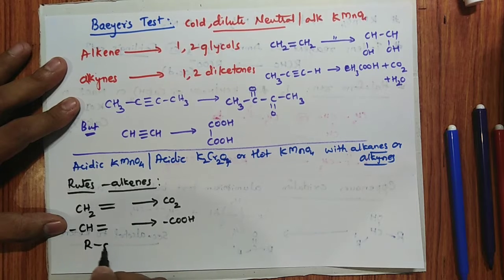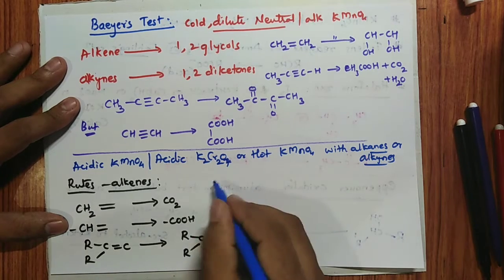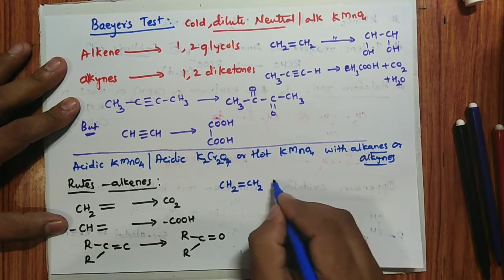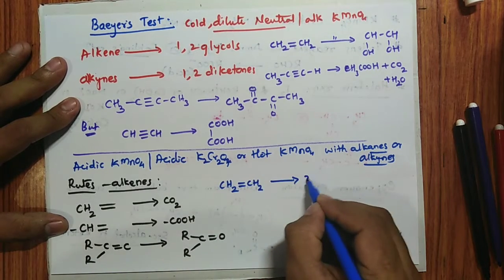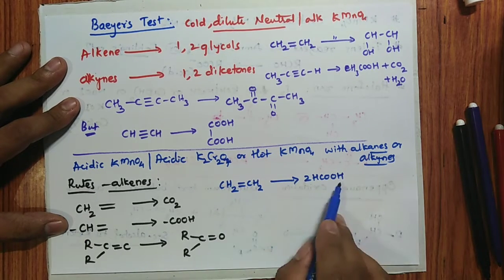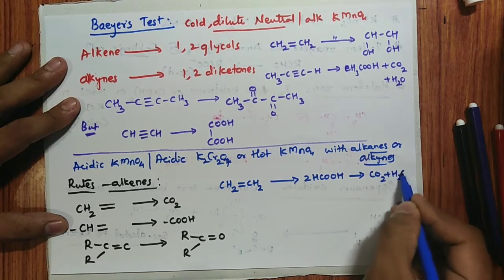If it is RC double bond CR, such a type of group, remember, you are going to get RC double bond O R. Like this. Now for example, we will see CH2 double bond CH2. This will get converted into 2HCOOH. Remember, HCOOH immediately gives rise to CO2 plus H2O.